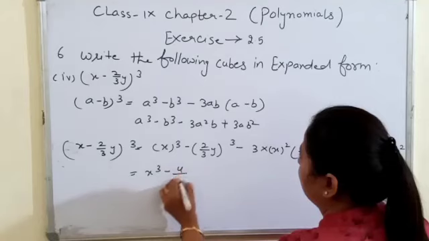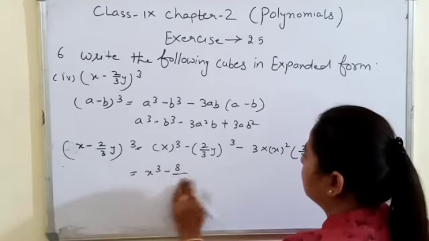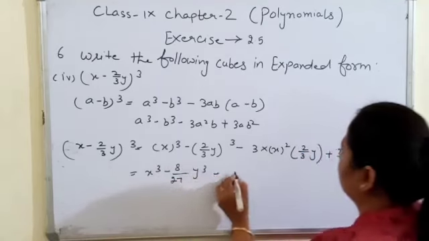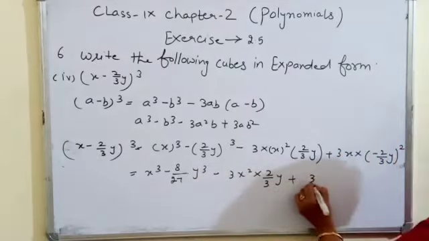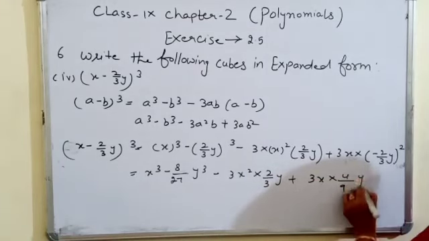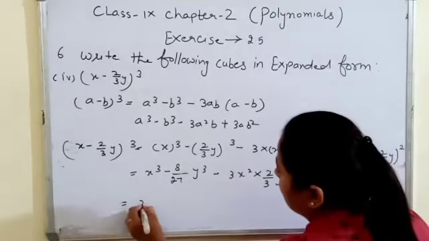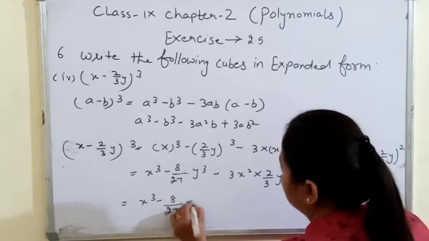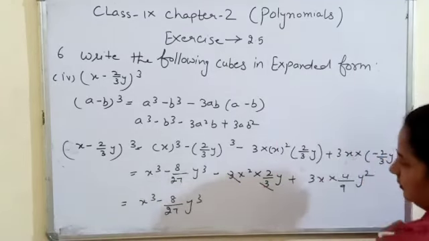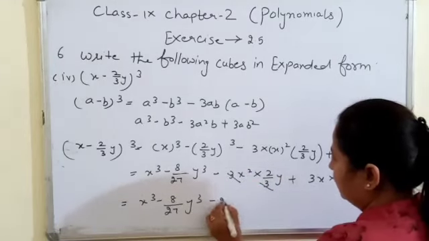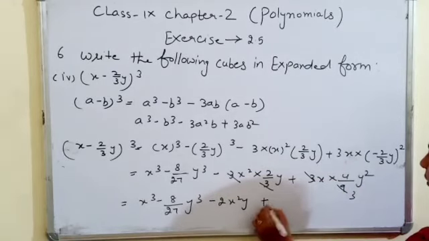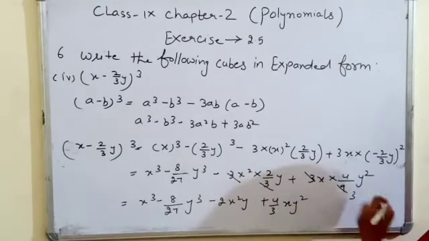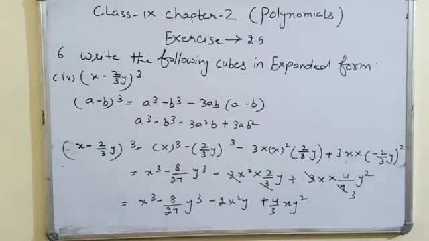X cube minus 8 by 27 y cube minus 3 x square into 2 by 3 y plus 3x into 4 by 9 y square. This 3 is cancelled by this, minus what we have left, minus 2 x square y. Now 3 times 4 by 9 is 4 by 3 x y square. This was the result for part 4 of question C.